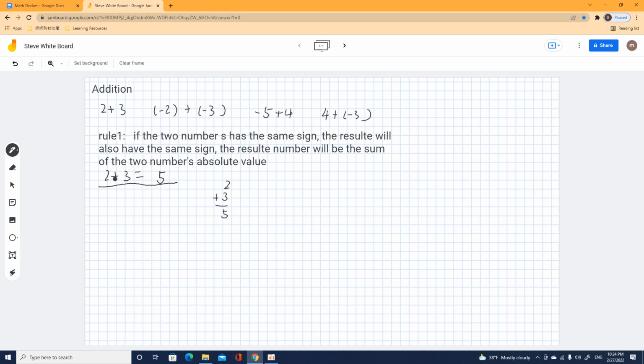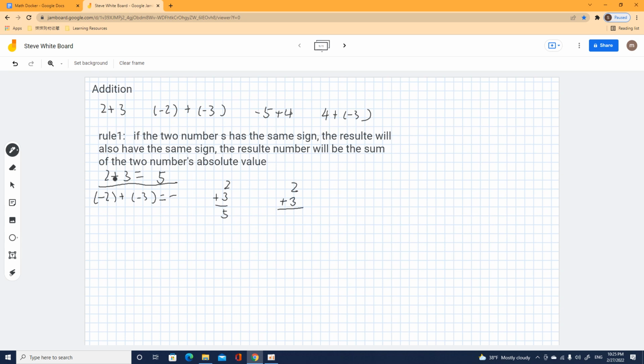Now we talk about, for example, this sum. You see, the first number's sign is negative, and the second number's sign is also negative. So in this scenario, the result number sign must be negative, and the absolute value of negative 2 is 2, and the absolute value of negative 3 is 3.